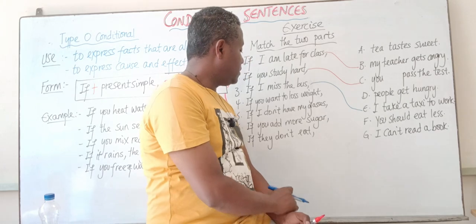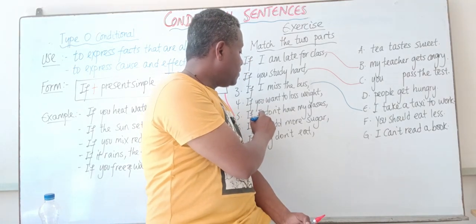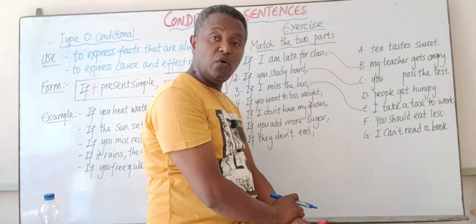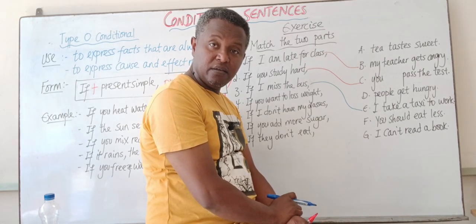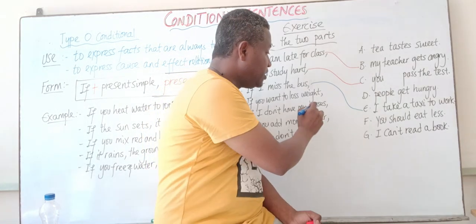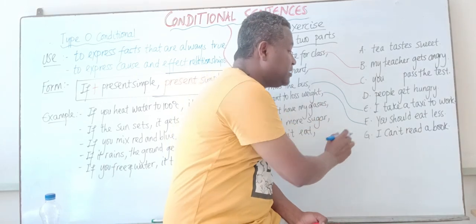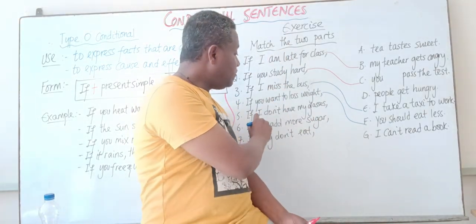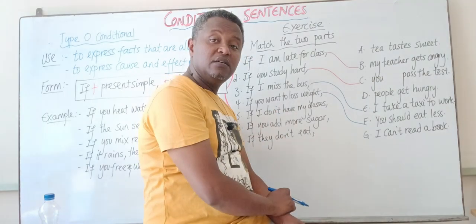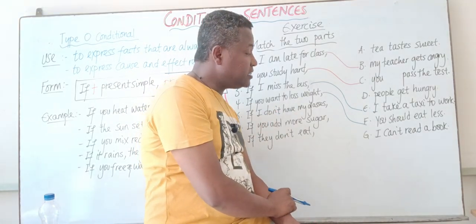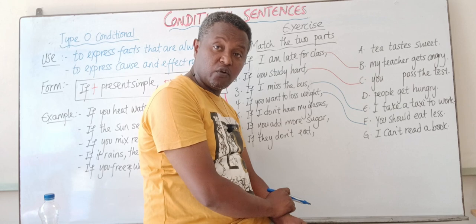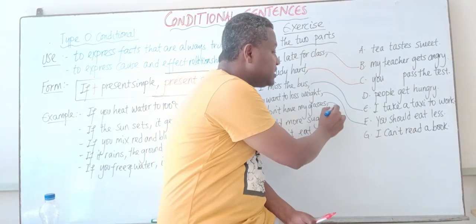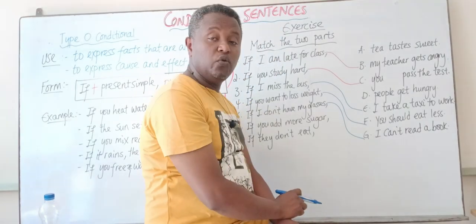If you want to lose weight, do you have to eat more or do you have to eat less? Yes, you should eat less. Perfect. And if I don't have my glasses, what do we need our glasses for? To read, right? So if I don't have my glasses, I can't read a book.